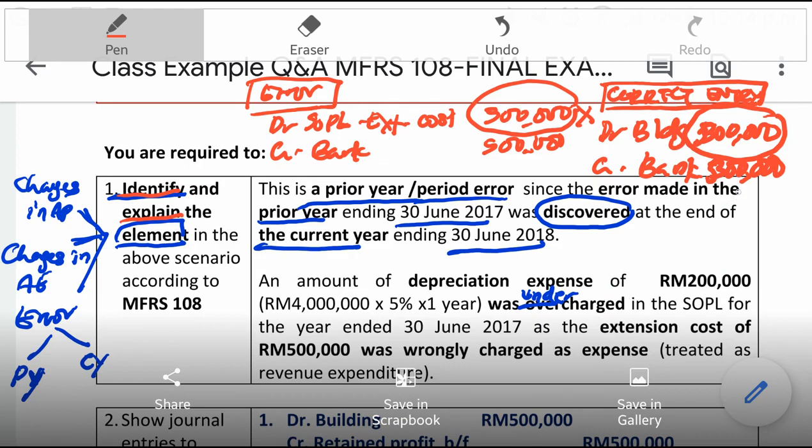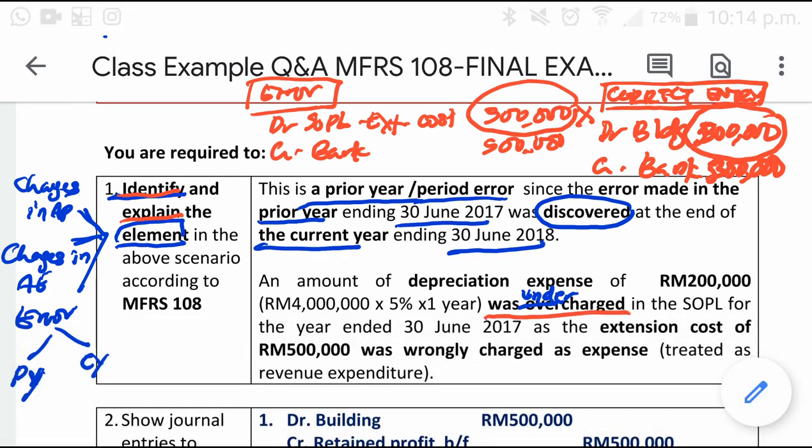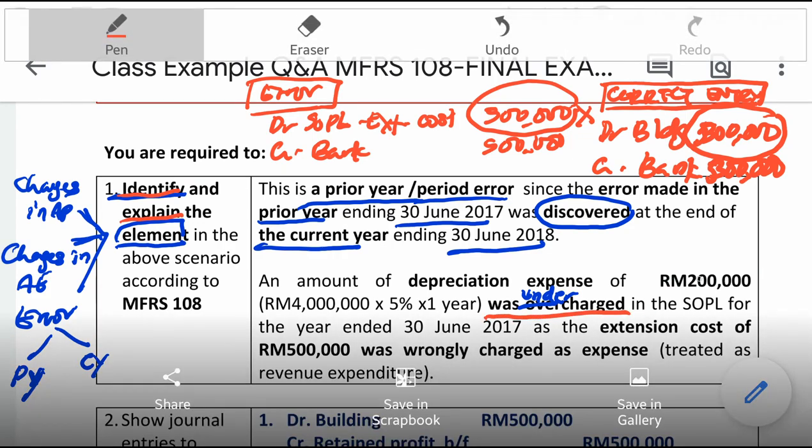You want to know how much depreciation has been undercharged, because an error which happened in the prior period must be adjusted retrospectively, but you need to first identify the error. So you charge your depreciation, but your depreciation was undercharged. By how much? By 200,000. It was undercharged in the SOPL for the year ended 30th June 2017.